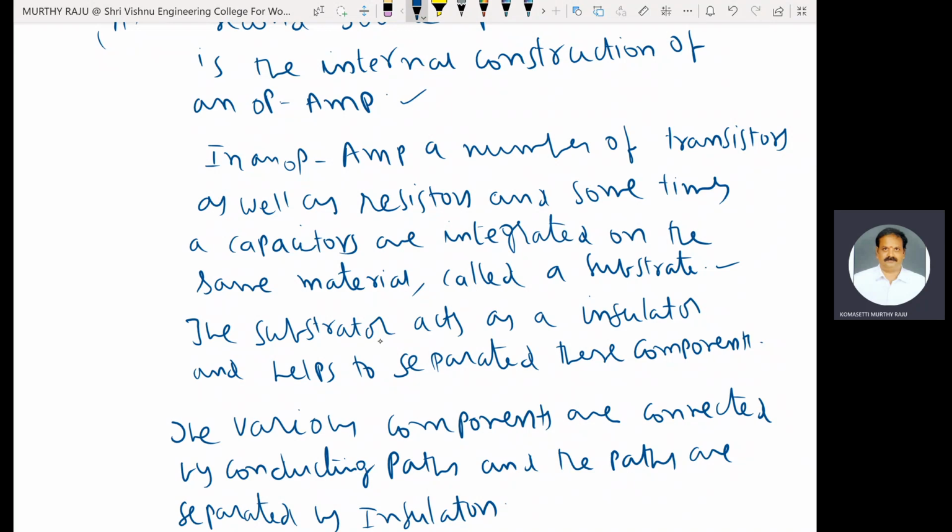Here this is a capacitor, this one is a resistor, and sometimes transistors or FETs are integrated on the material.